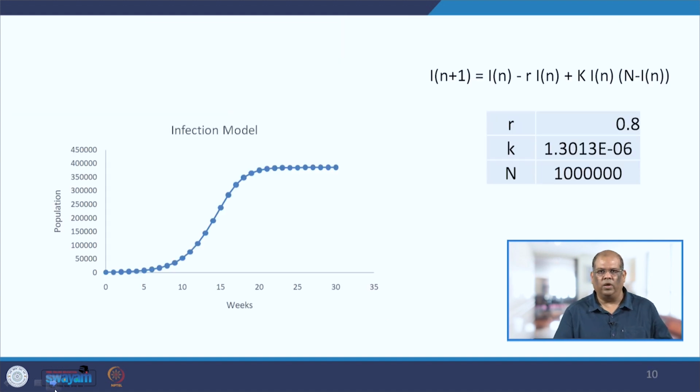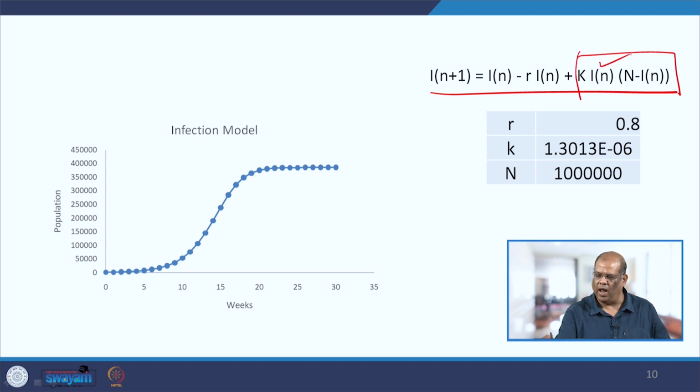This is the one we already have seen, when your model is like this, where the law says that it varies directly to I_n and I_n minus r I_n with r value 0.8. This is 1.3 into 10 to the power minus 6 and this is 10 to the power 6.